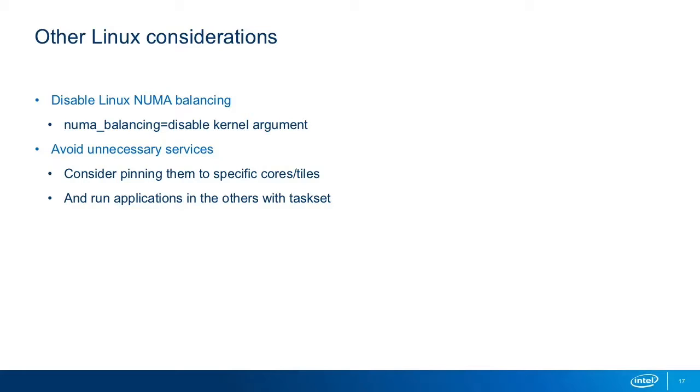Some other Linux considerations, like disabling NUMA balancing, and you should avoid unnecessary services. I was two weeks ago at a KNL workshop in Bologna, and they were reporting about their system.